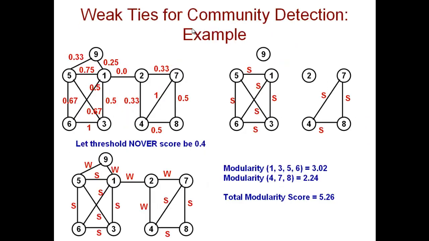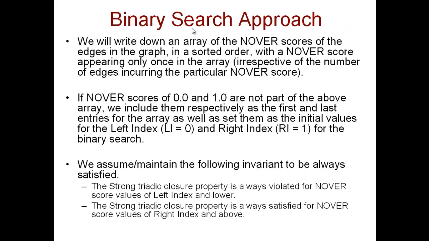But you see the time. This weak tie based community detection is going to be more time efficient. It may not give you optimal or more modular communities, but it is more time efficient. Okay, so let us go through this binary search algorithm in another video.